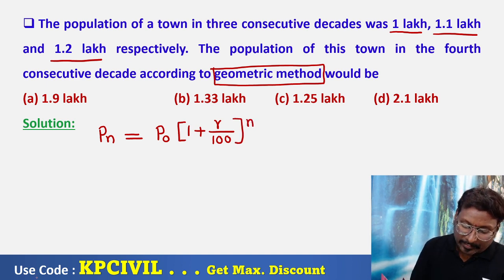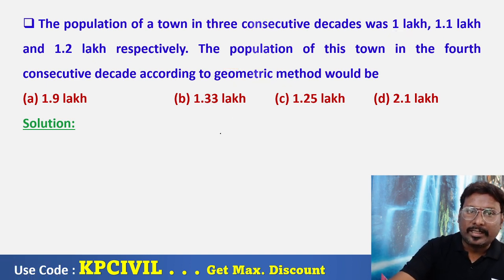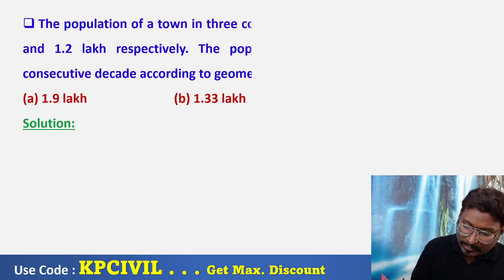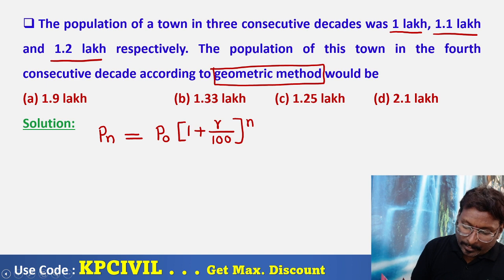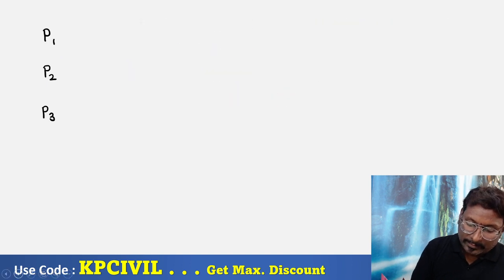As per the given data, you can write P1, P2, P3: 1 lakh, 1.1 lakh, 1.2 lakh.